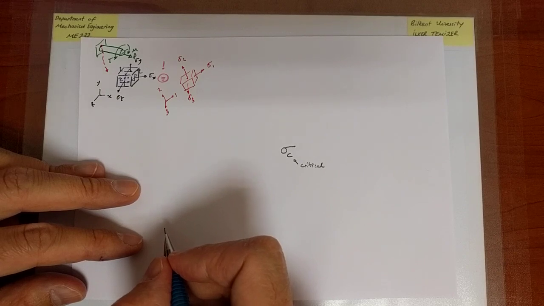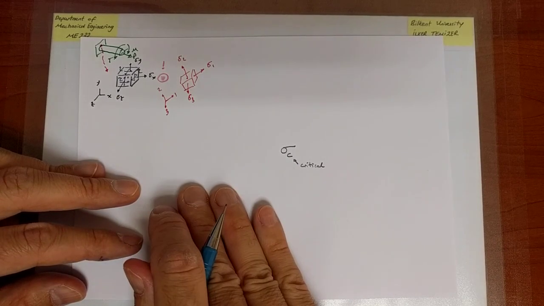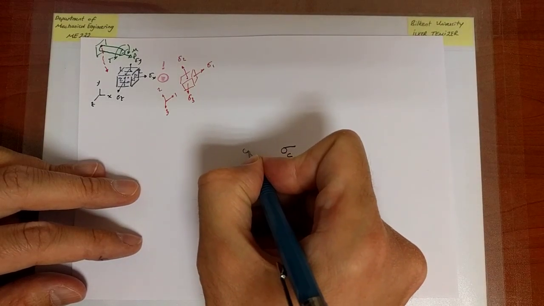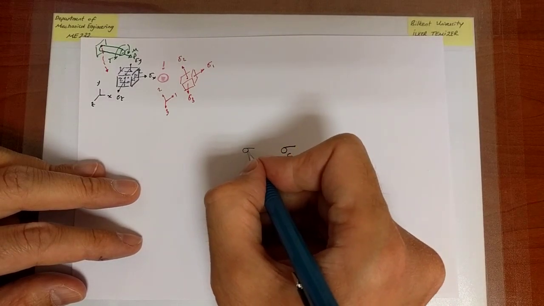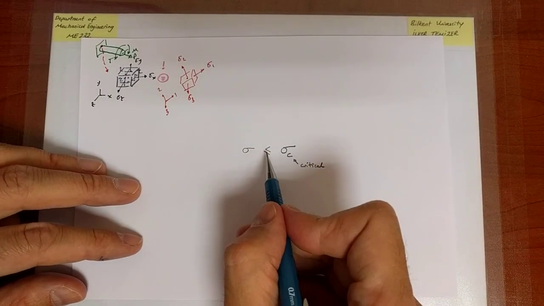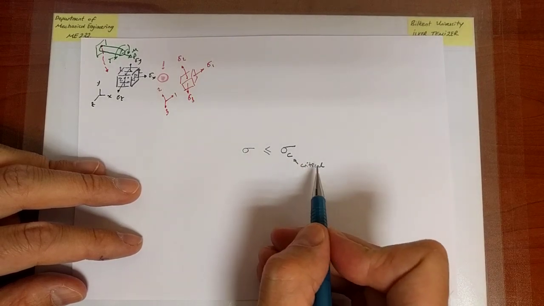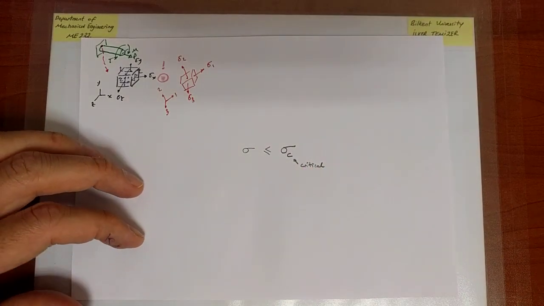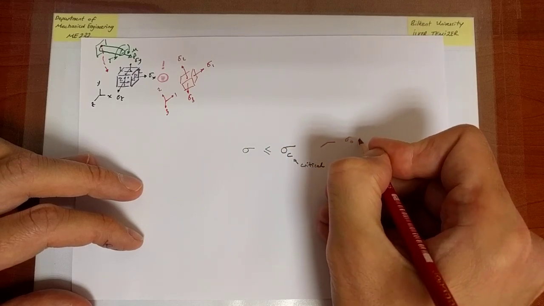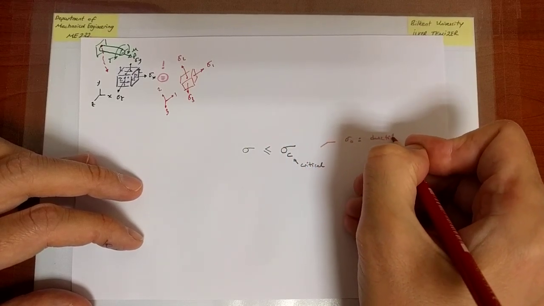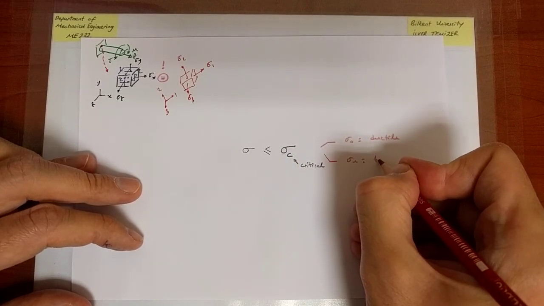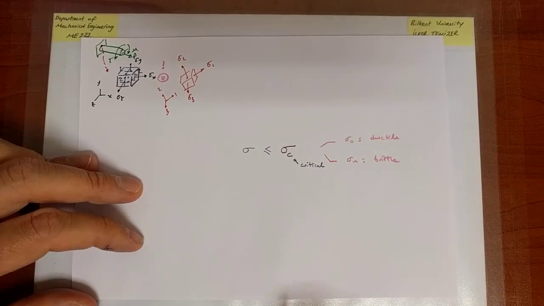Now, if I had a pure uniaxial normal loading scenario, I know that I wouldn't want to exceed that value. In other words, the stress I'm applying should be less than or equal to the critical stress, which is a material property, which is equal to sigma naught if it is a ductile material, if there is considerable yielding, and it is ultimate strength if it is a brittle material.